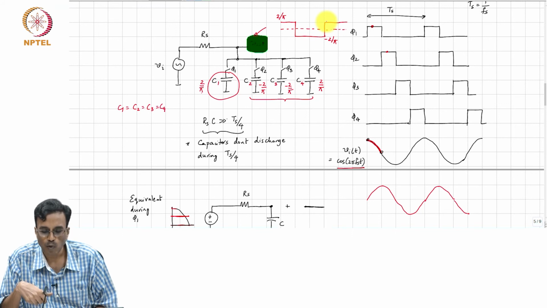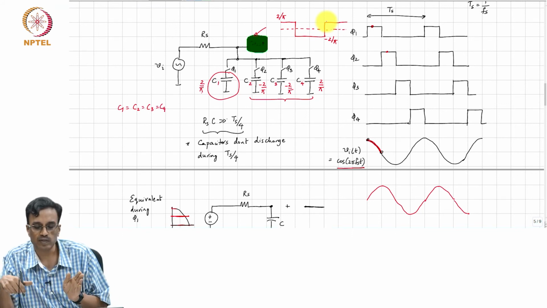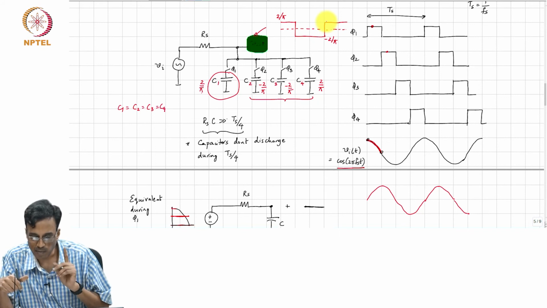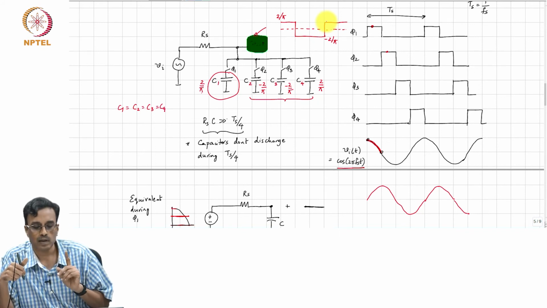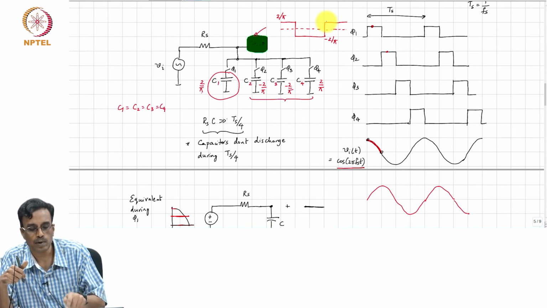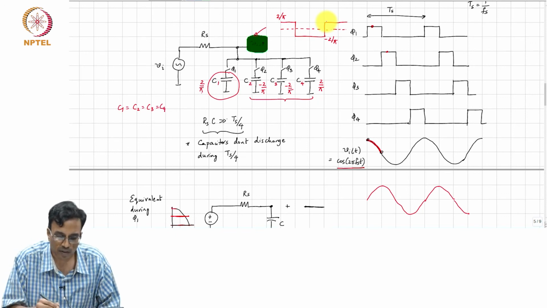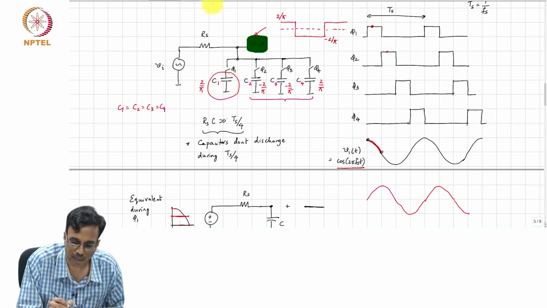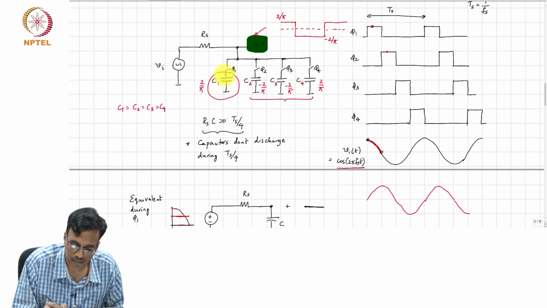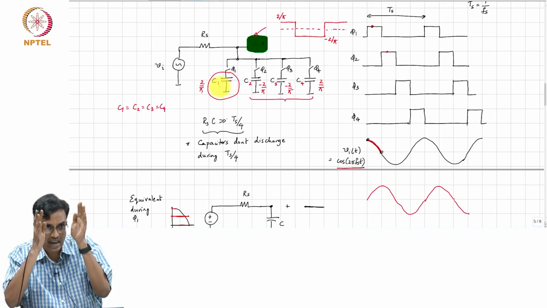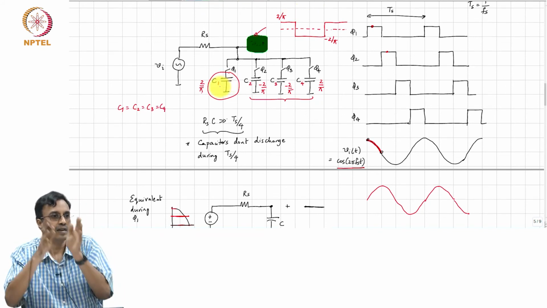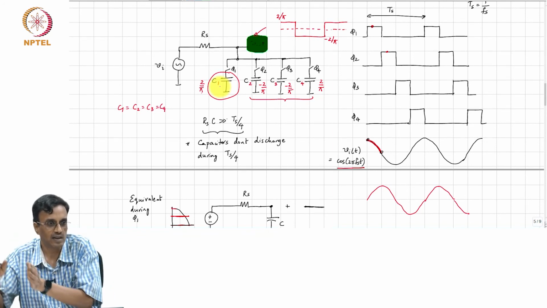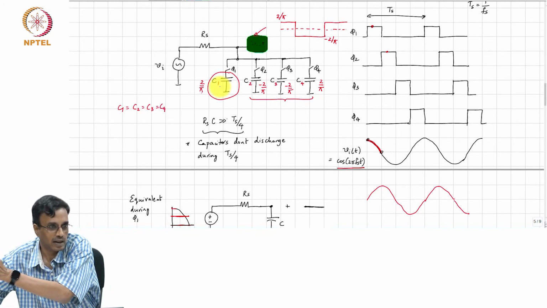Now, the question I have is, what comment can you make if the input frequency deviates? Remember, the reason you are seeing a large amplitude at the output is because each of these capacitors sees the same portion of the waveform in this cycle, in the next cycle, in the 100th cycle, correct.